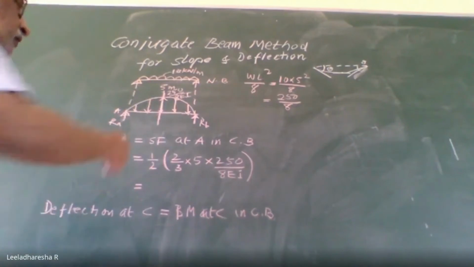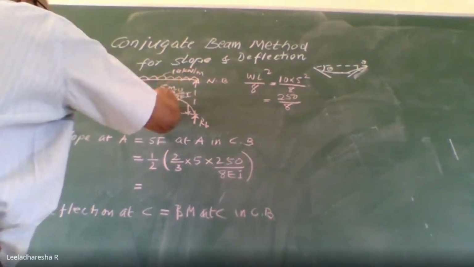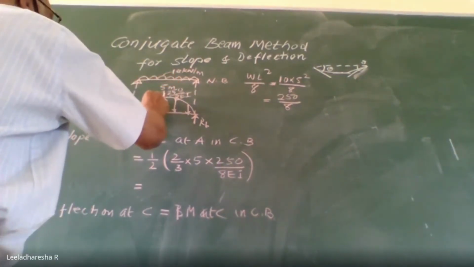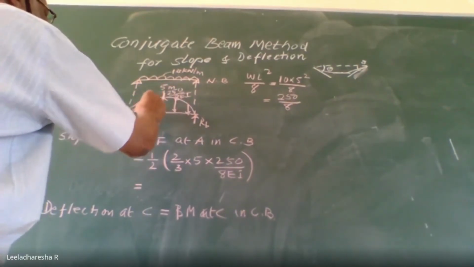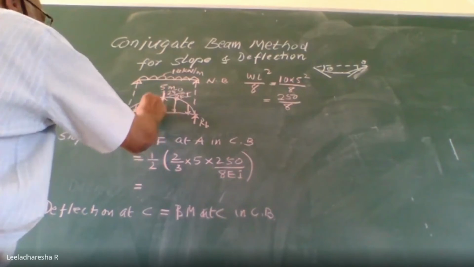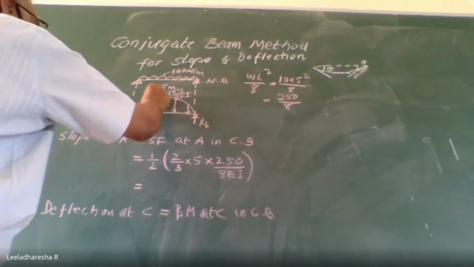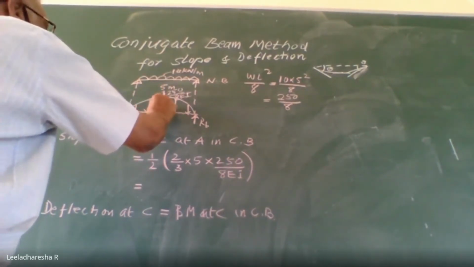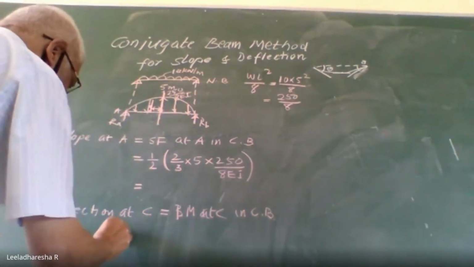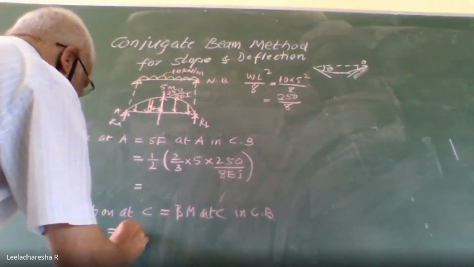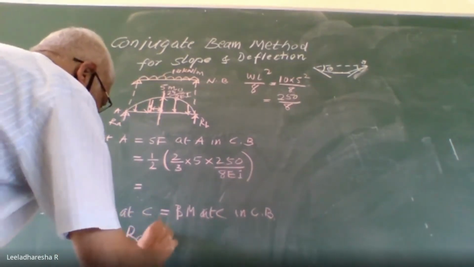So now if I take this one, of course I require the CG of this particular load. So I can get the deflection by this particular distance, CG. So now the bending moment is equal to RA into 2.5, positive.